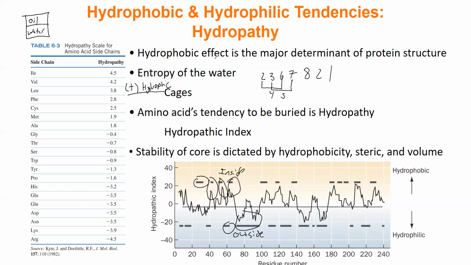Right, so I really do want you to keep in mind though, positive is hydrophobic, negative is hydrophilic. Last semester when I talked about this, it seems like everybody memorized it wrong. Like 80% of students said, no, negative is hydrophobic. And I'm not sure where that came from, but just keep in mind, positive is hydrophobic.